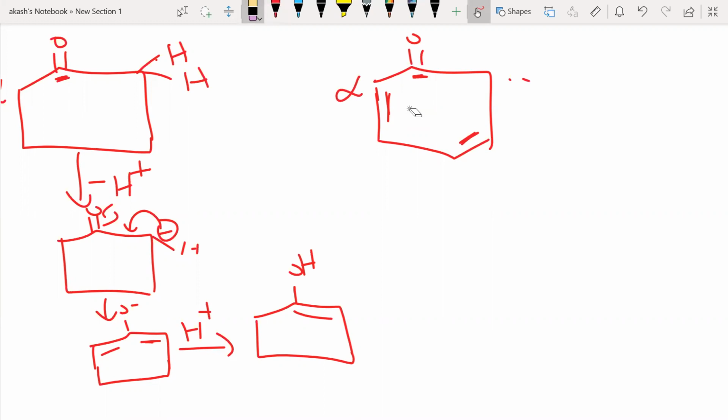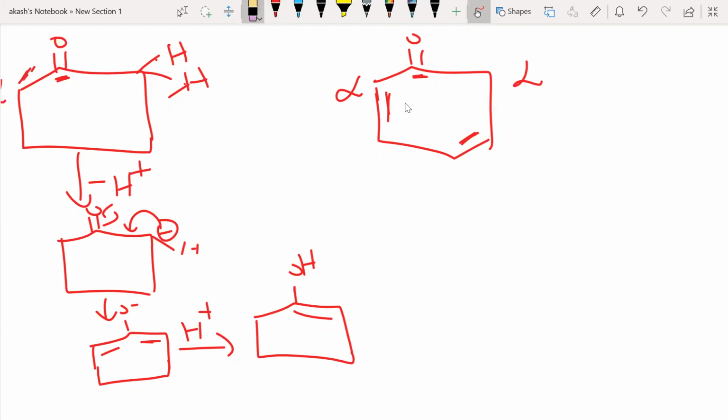But guys, what you have to understand is in these kinds of situations, last time you were free to take any of the hydrogen atoms, isn't it? You could take from this side or from that side. It's fine, right?